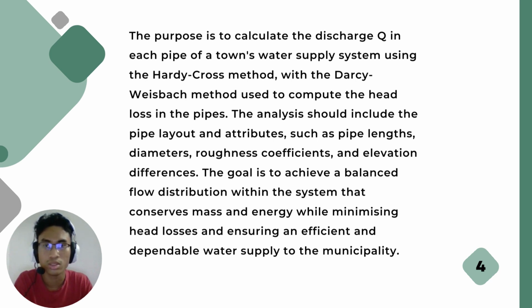The goal is to achieve a balanced flow distribution within the system that conserves mass and energy while minimizing head losses and ensuring an efficient and dependable water supply to the municipality.